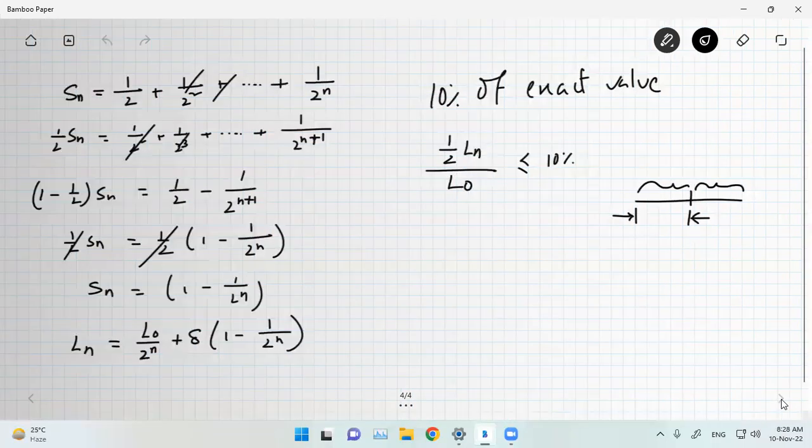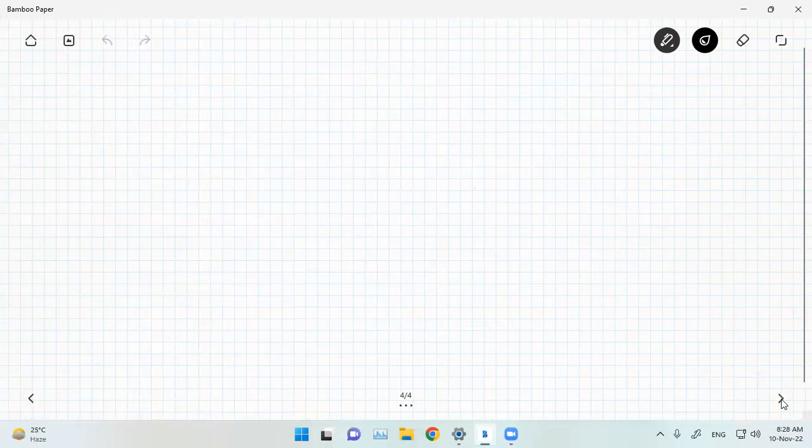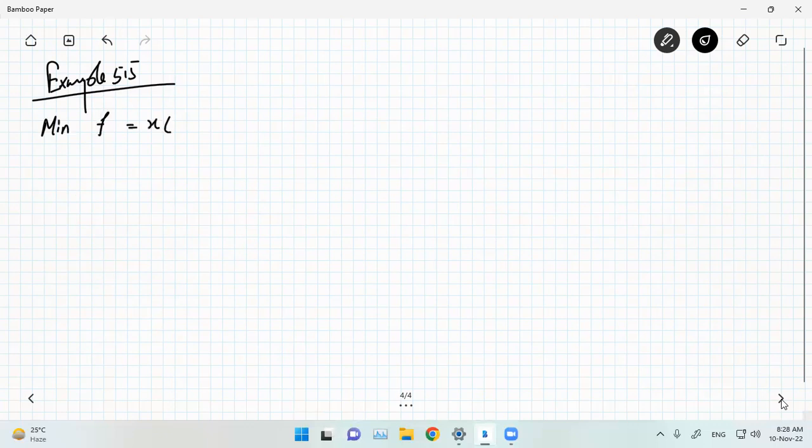The solved problem, example 5.5. So this is a minimization problem. So minimize f equal to x minus 1.5.